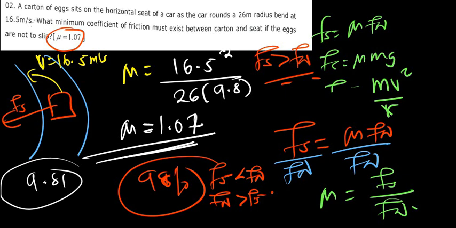So right now, the static friction is greater than the normal force, or you can say the normal force is less than the friction. Have I made myself clear, guys? That is the reason why in this case the coefficient of friction is greater than 1.